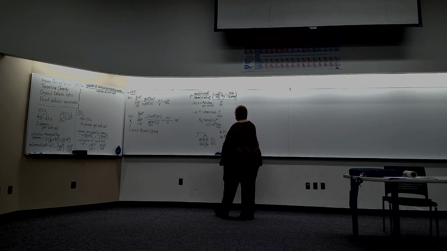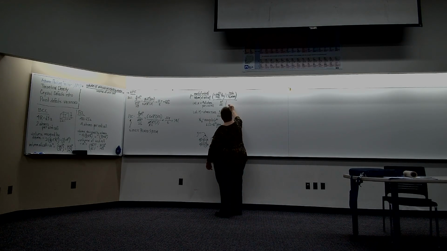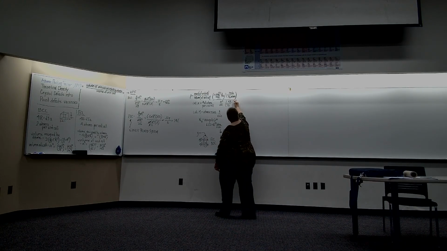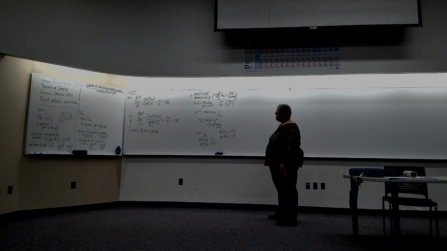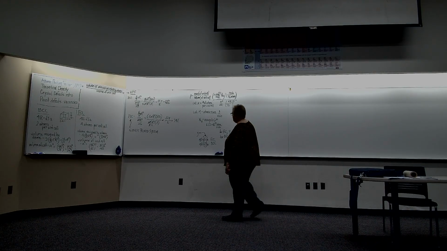And a, let's see, 4R is y times a. Just like that, except I'm going to cube it, to get rid of all the a's. So R is the atomic radius.